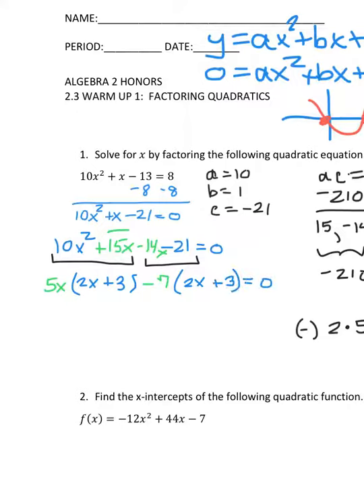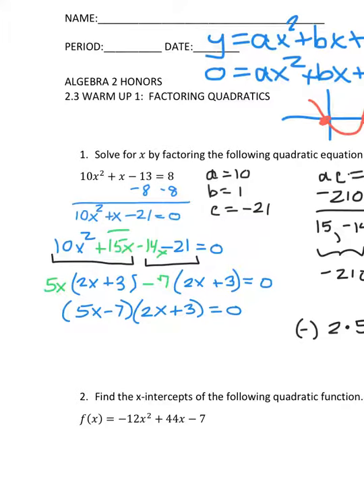Okay, now since we have exactly the same thing here left in the parentheses, 2x plus 3, 2x plus 3, the distributive property allows me to bring this 5x minus 7 together. So that's what I can do. I'm going to move my 5x minus 7 together in parentheses times 2x plus 3.